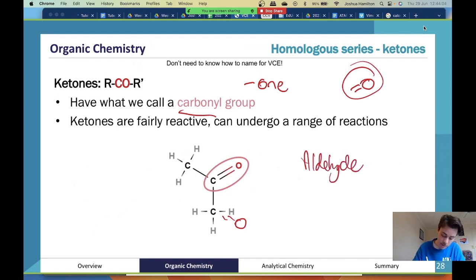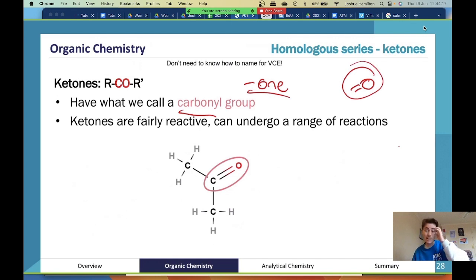So ketones are carbonyl groups found in the middle of a molecule, and they are always secondary. So they're always secondary, and they end in -one. You do need to know that they end in -one because you may get a question that says pentan-one, and then you need to identify that's just a ketone.